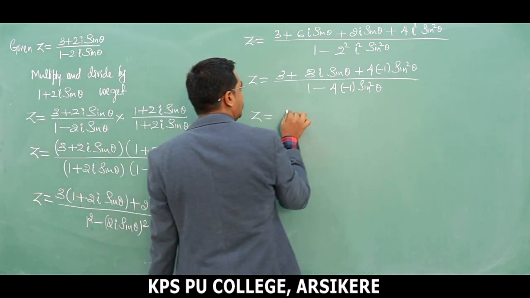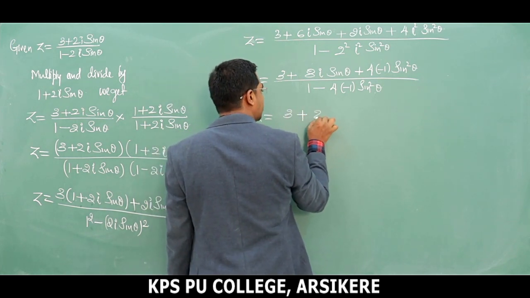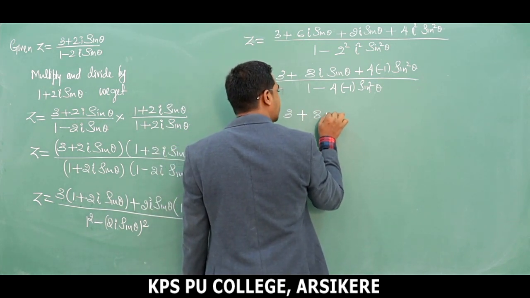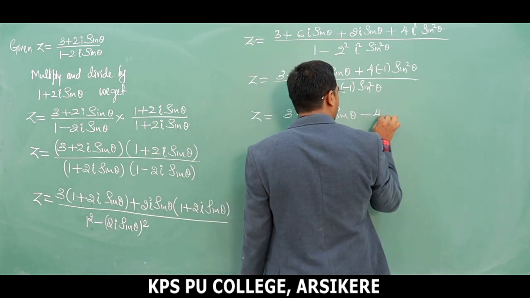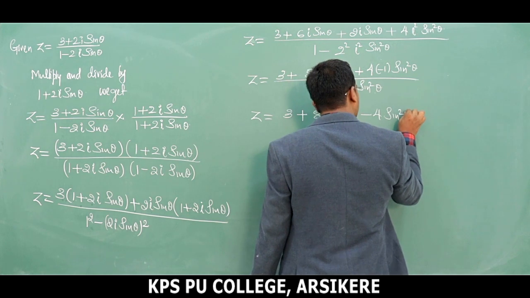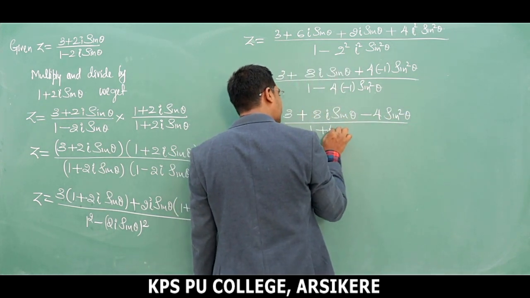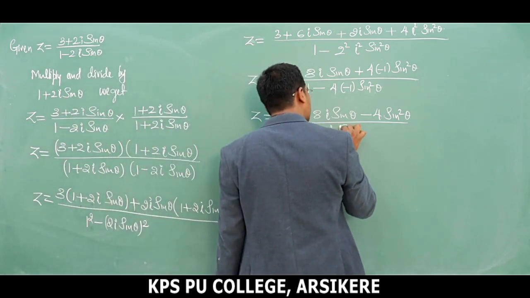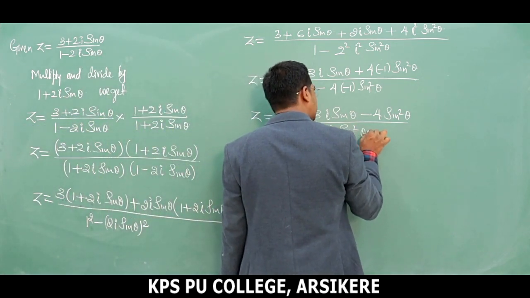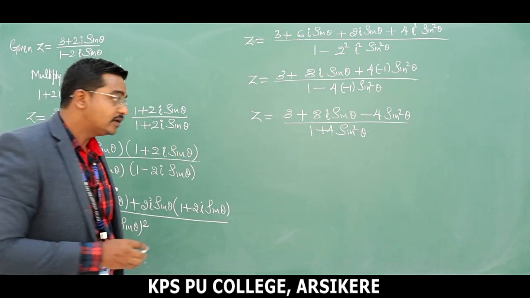Z is equal to 3 plus 8i sin theta minus 4 sin square theta, whole divided by 1 plus, minus into minus becomes plus, 4 sin square theta, 1 plus 4 sin square theta.